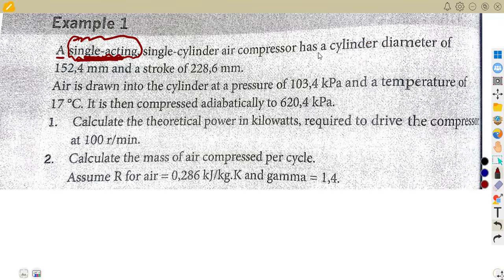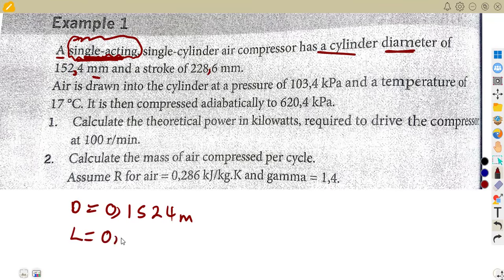It has a cylinder diameter of 152,4 millimeters. If you divide by 1000, it will be 0,1524 in meters. The stroke length is 228,6. If you divide by 1000, the stroke length will be 0,2286 in meters. That's our stroke length.